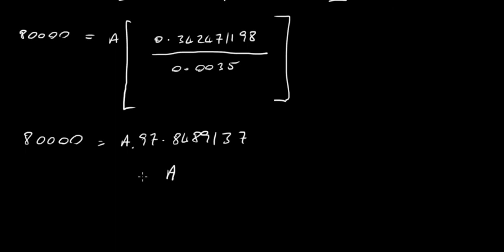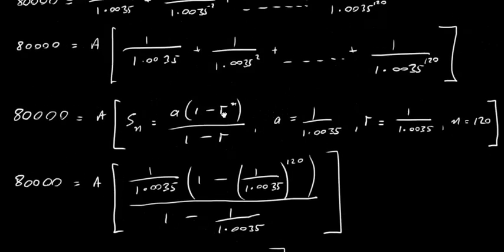So we're going to get A then finally equal to, divide 80,000 by 97.8489137, and you get 817.59 euros.